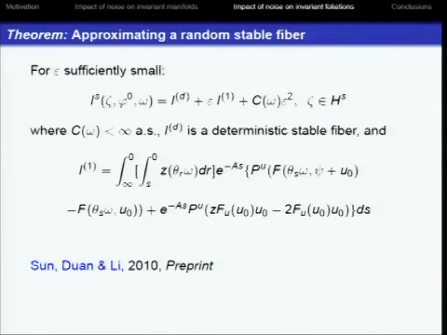That's the only part which is not completely related to the deterministic system. Now it's all in terms of the first order Fréchet derivative. The second order Fréchet derivative will be used in the estimation of the remainder term.